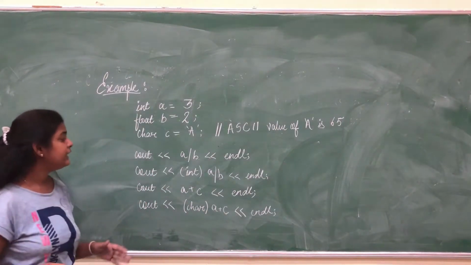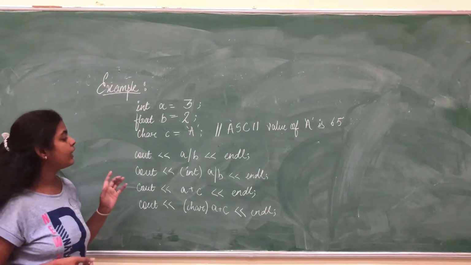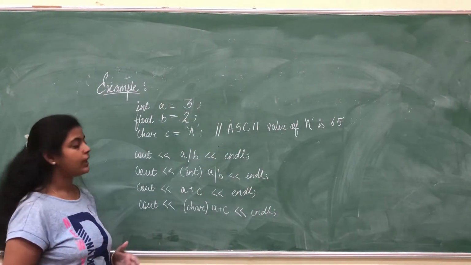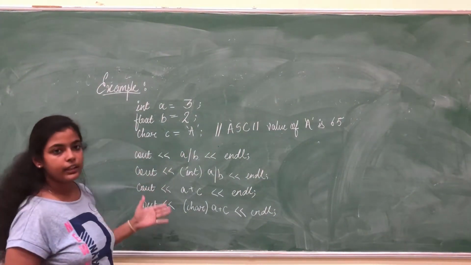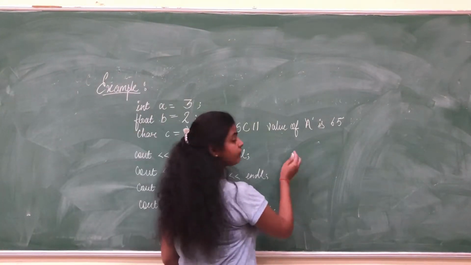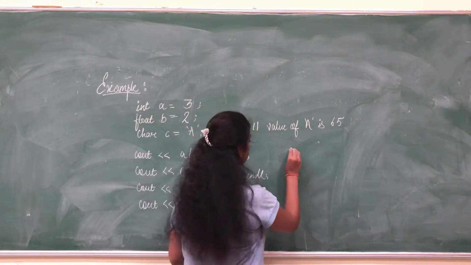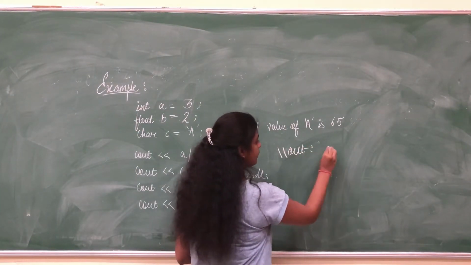Now let's see the following functions. If we do a divided by b, this is implicit typecasting, and float will be the dominating type. So the output will be 1.5, a floating value.